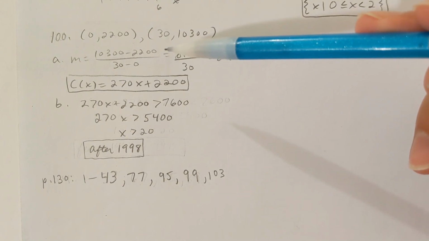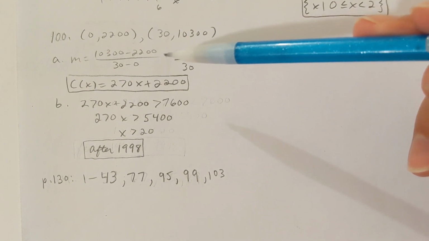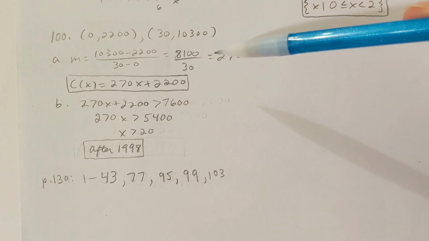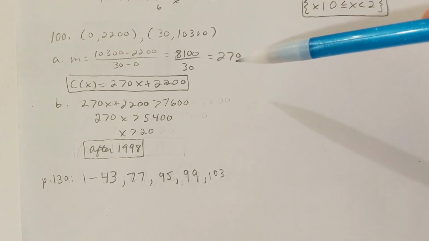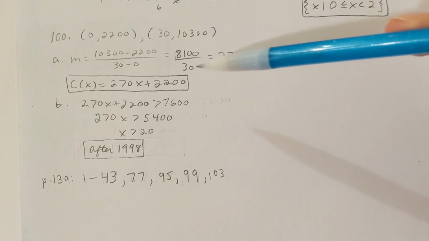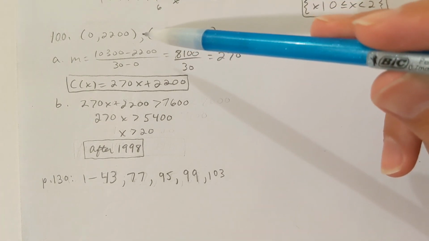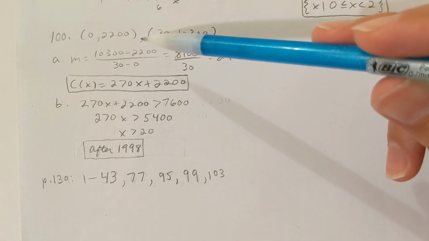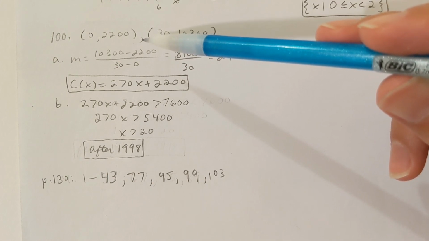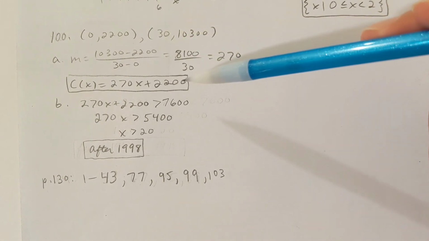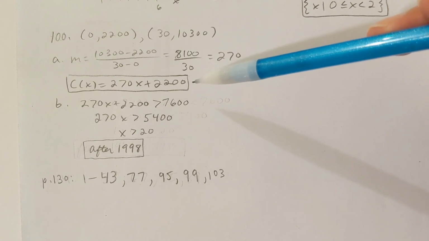Well, 10,300 minus 2,200 divided by 30 is 8,100 divided by 30, that's 270. It's easiest to use this here with (0, 2,200), since 2,200 is the y-intercept. So my answer would be 270x plus 2,200.